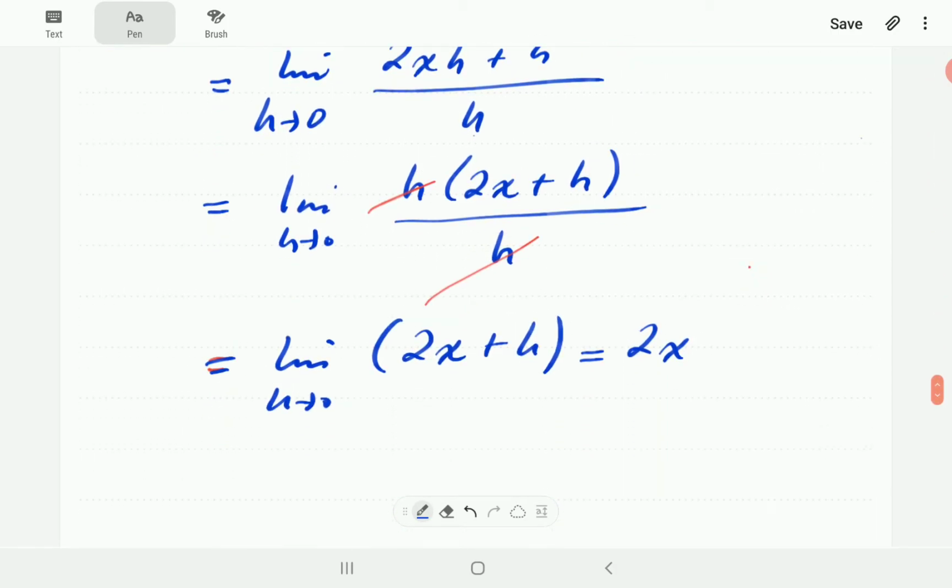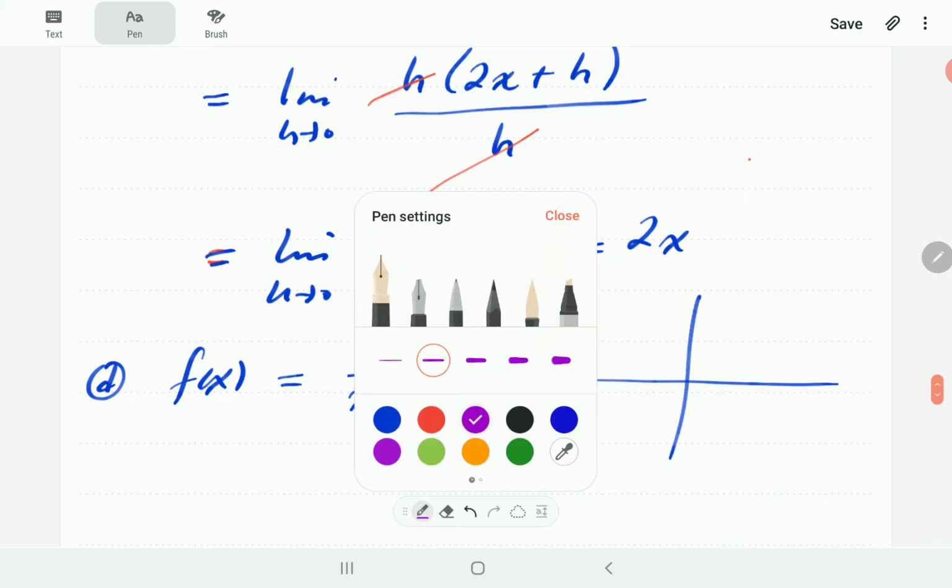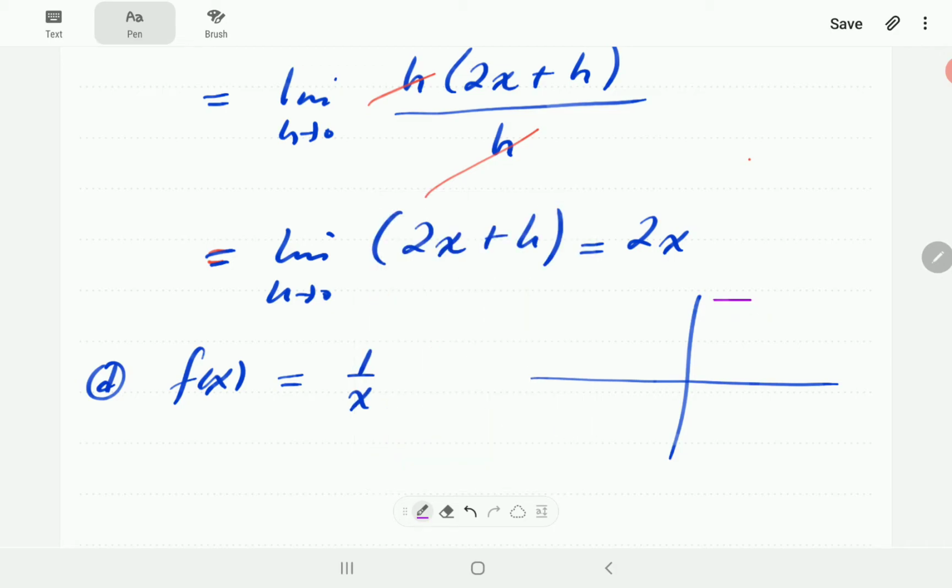Okay, in D we have got f of x equal 1 over x. Again, if we recall what the graph of this function looks like, it's going to have 2 branches, and the notable thing is that the gradient is always negative.